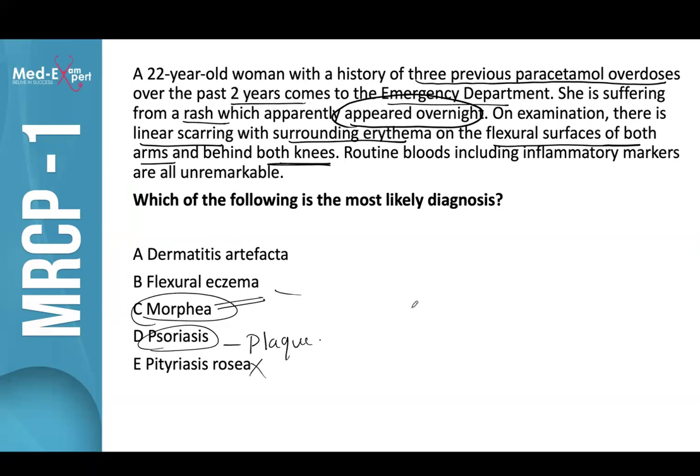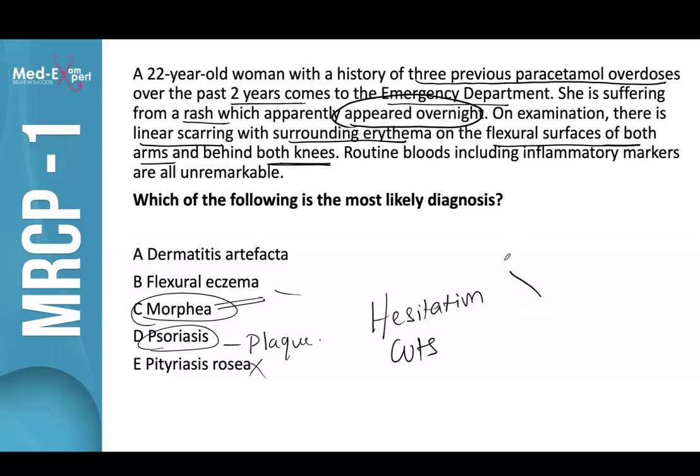So what happens, people with a tendency to go ahead and overdose themselves with paracetamol or any other drug, they will have the phenomenon of hesitation cuts. Do you know what hesitation cuts are? Sometimes a person's boyfriend or girlfriend is not picking up the call, or has blocked them on social media, or they find them roaming around with somebody else.